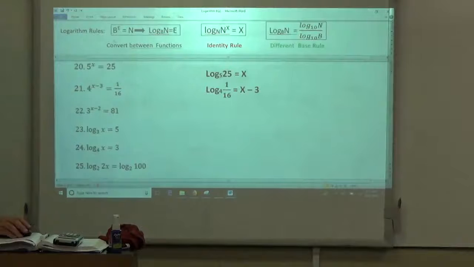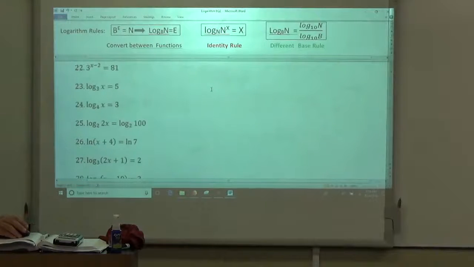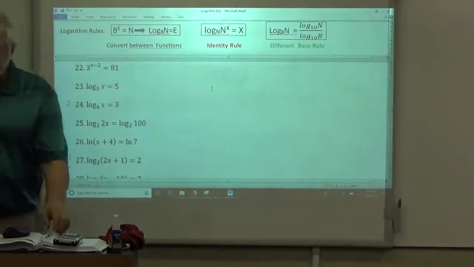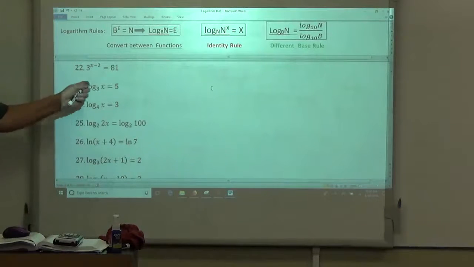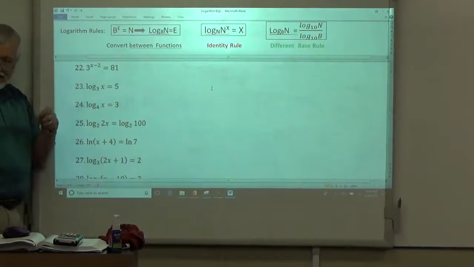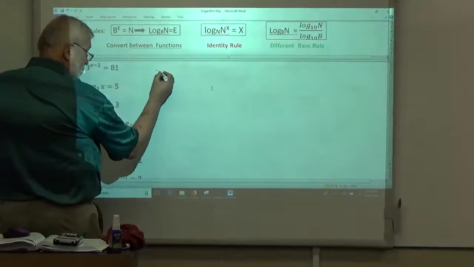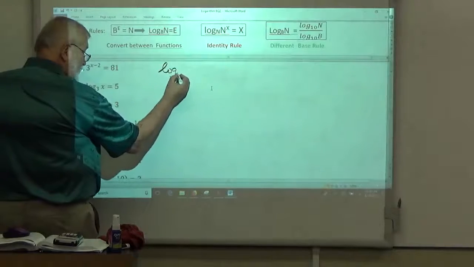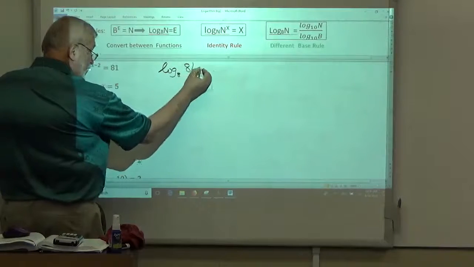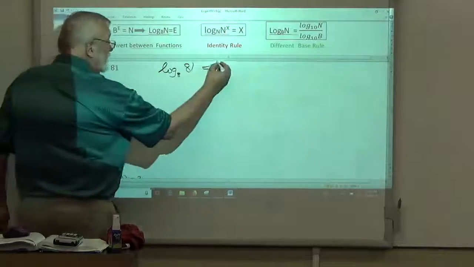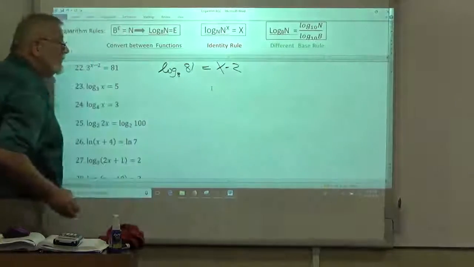All right. Okay. So now we're going to go to a fun one. Here I have what kind of form? Exponent form. So the exponent form can be changed back into a logarithm by saying log base 3 of 81 equals x minus 2.